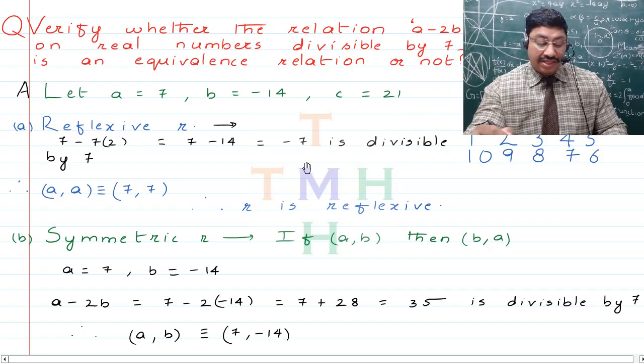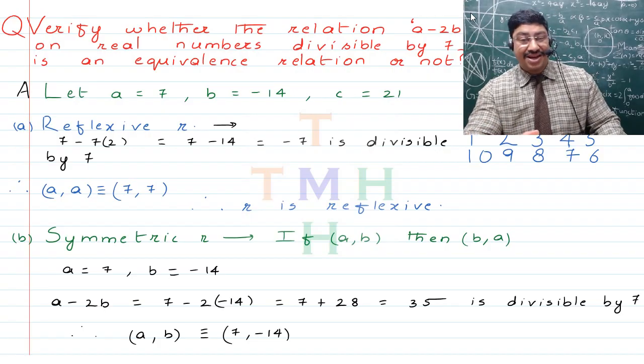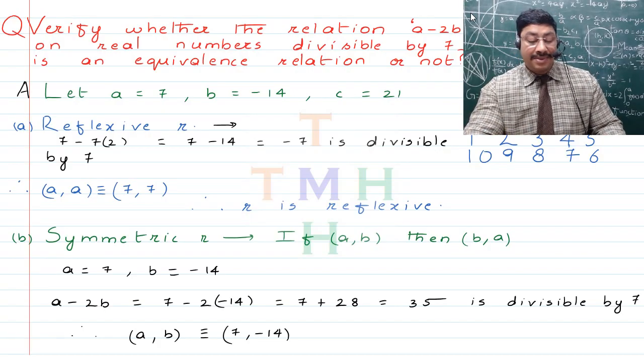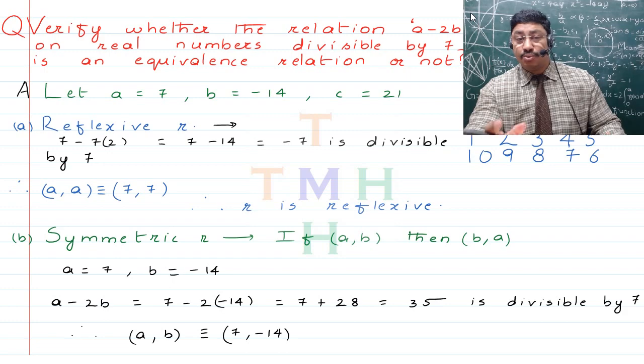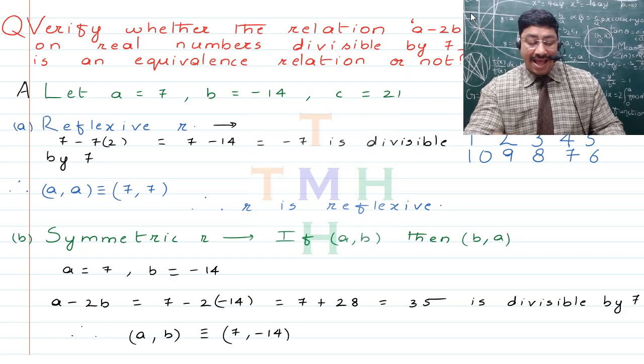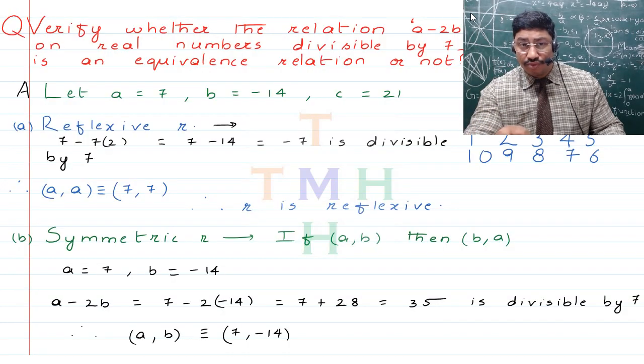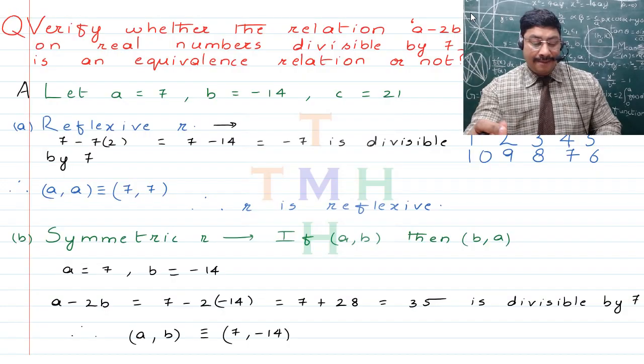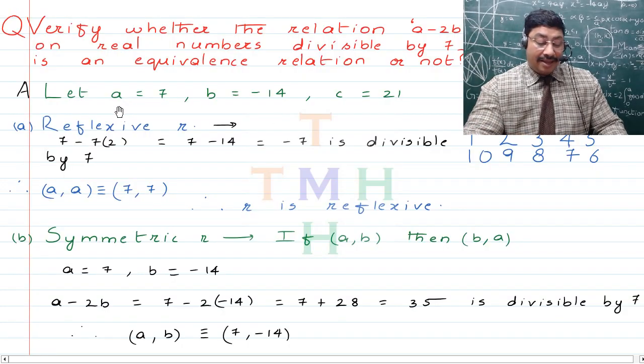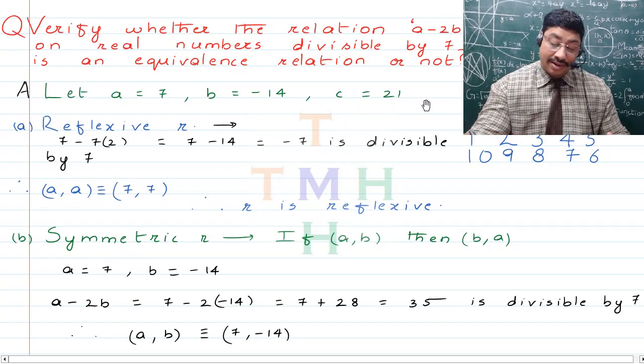For that, we take here 3 numbers a, b and c to be able to understand this case in a better way, because when they are numbers getting subtracted, then you will understand more, right? I can do it with variables, but it won't be understood as well as with numbers, because numbers obviously get calculated and come to a lesser number, which proves what you're doing, right? So here we've considered a to be 7, b to be minus 14 and c to be 21, right?